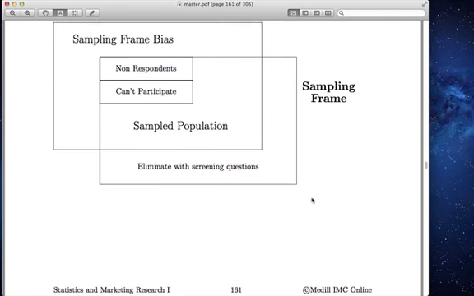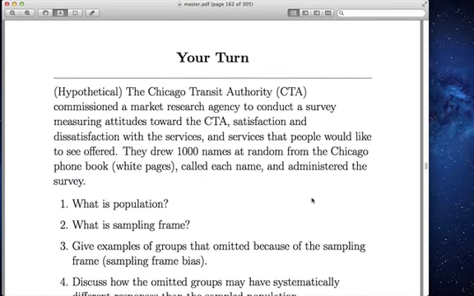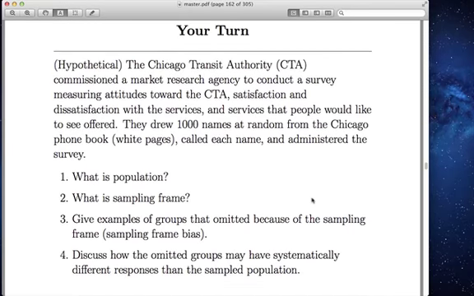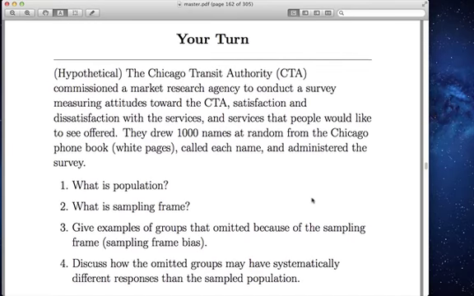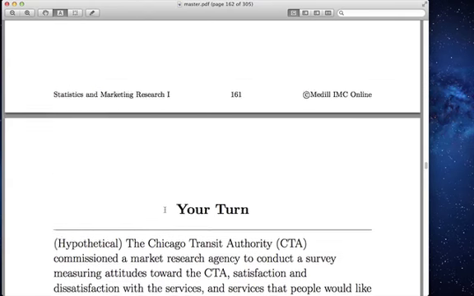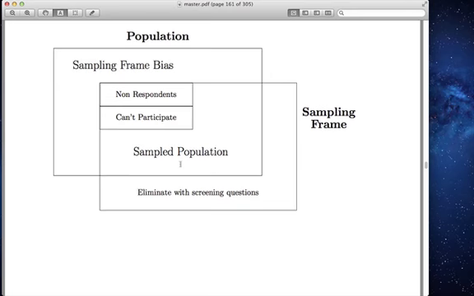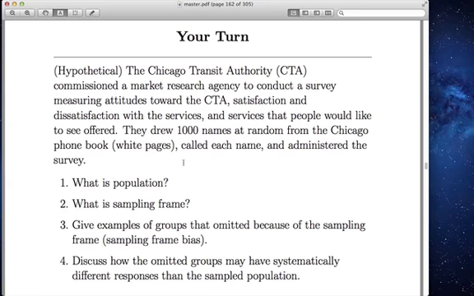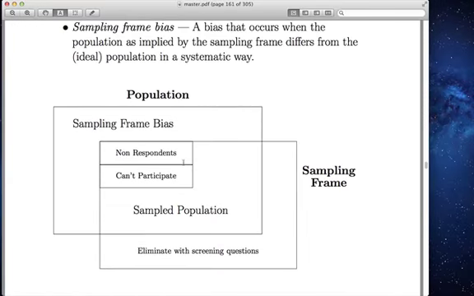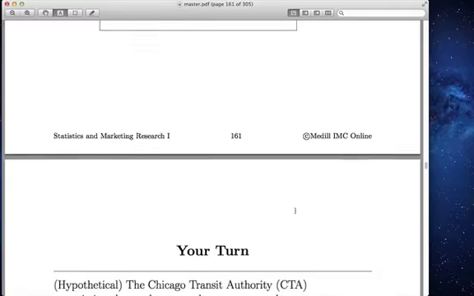Now at this point, there is a really nice "your turn." And this will be a discussion board question in class. We'll have this discussion in class. So we have a little example. What I want you to do here is identify the population. So what exactly is this outer box? What is the sampling frame described in that little example?